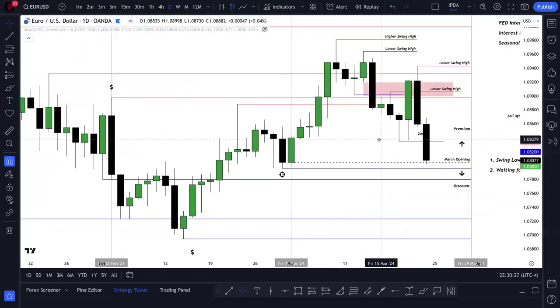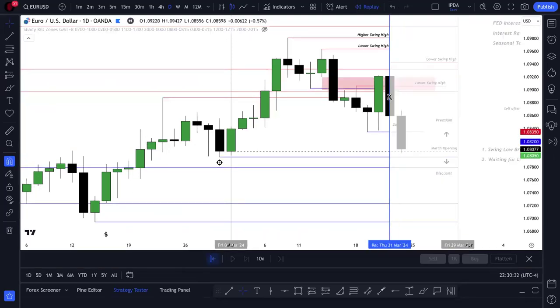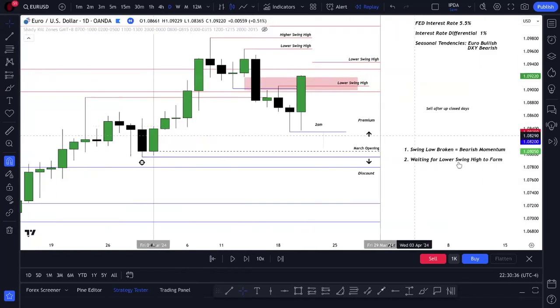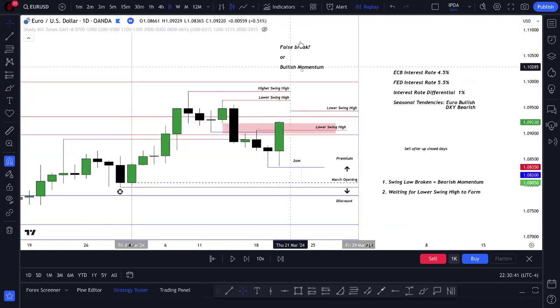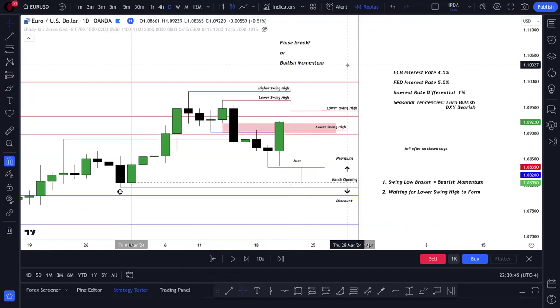We said that here. Let's bring it back. Said this candle right here, that was that Wednesday. There it is. Look at that up candle. If you guys have been watching the daily updates, that up candle right there, I said, is this a false break or is this bullish momentum?